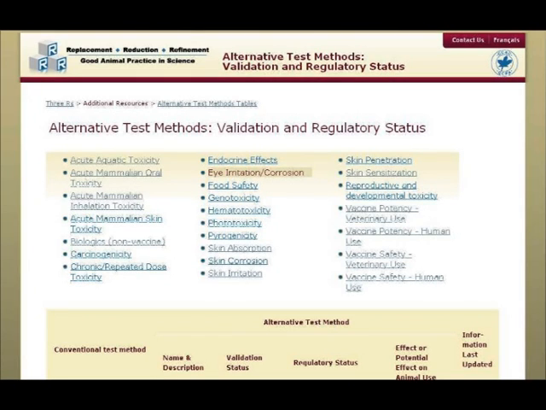So what alternative tests exist to replace the Draize Eye Irritation/Corrosion tests? Here we are again looking at the Canadian Council on Animal Care's website. As you can see, eye irritation corrosion is highlighted.